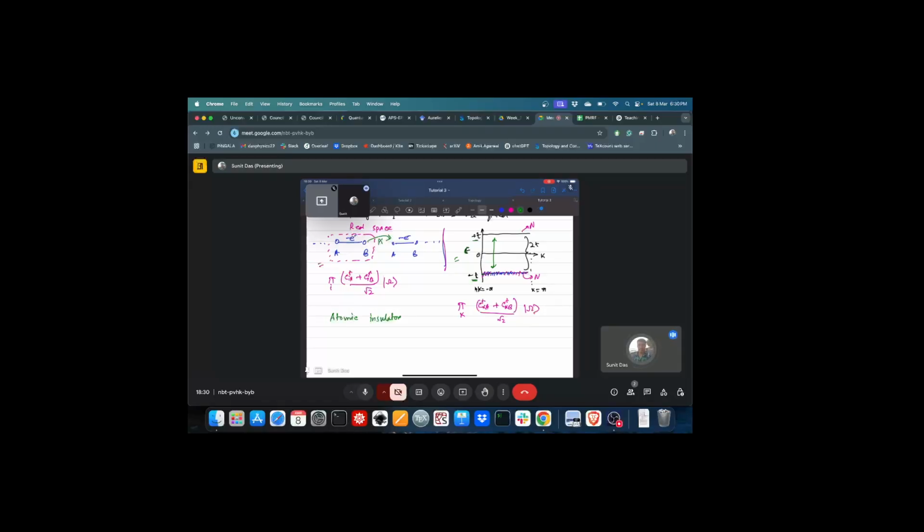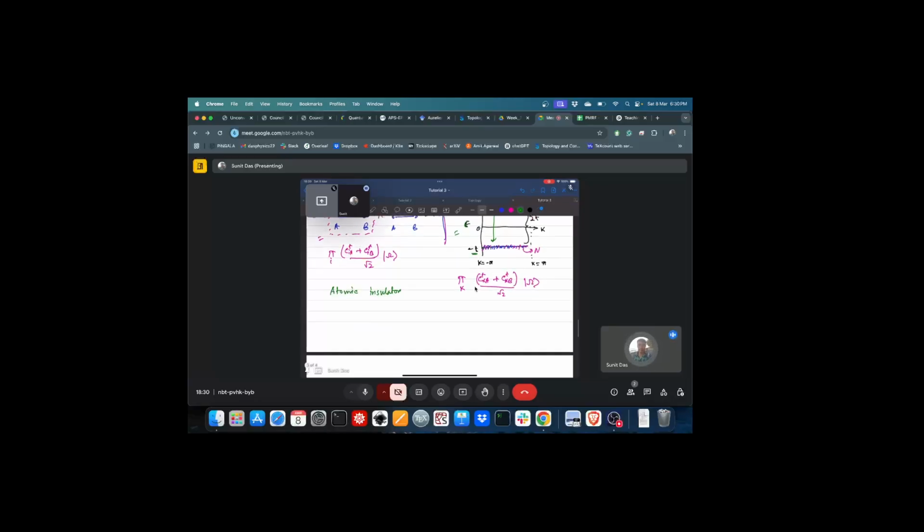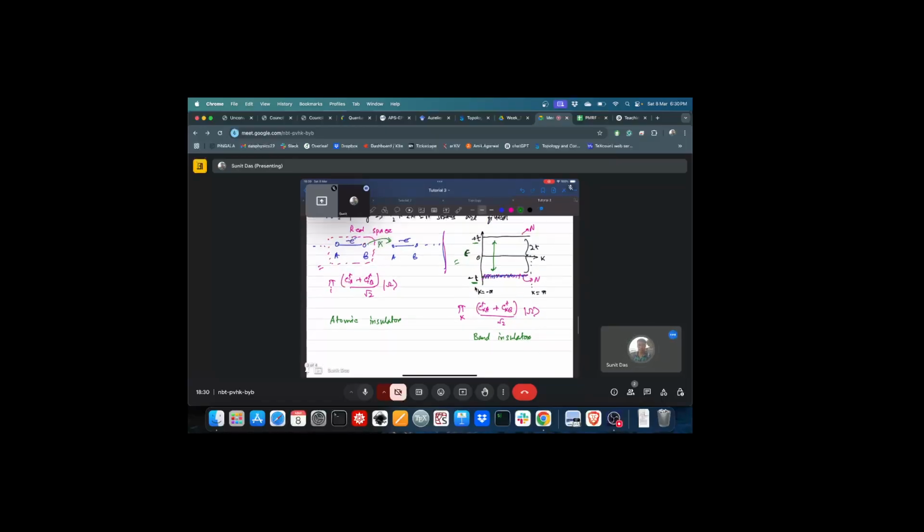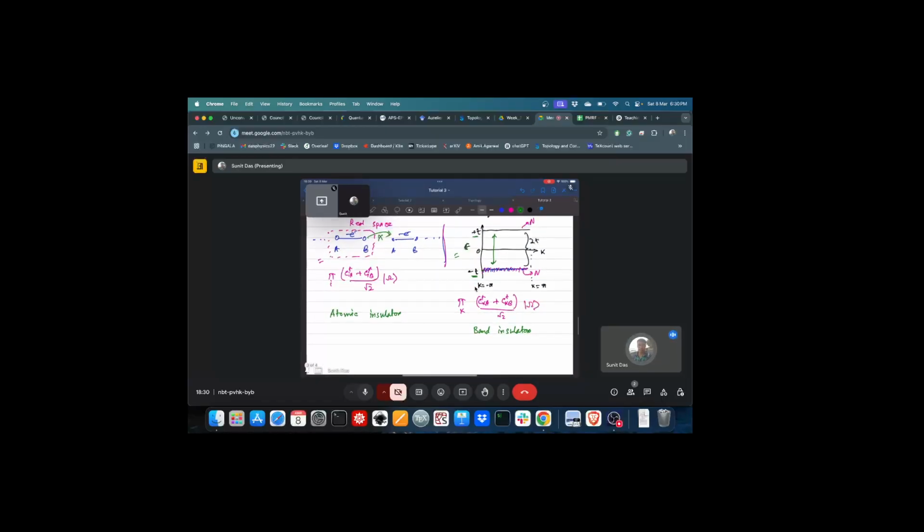So in the real space picture we call it an atomic insulator, and in momentum space it is more familiar by the name of band insulator. The bands are isolated with a finite gap, so when we apply an external perturbation, they do not conduct electricity.